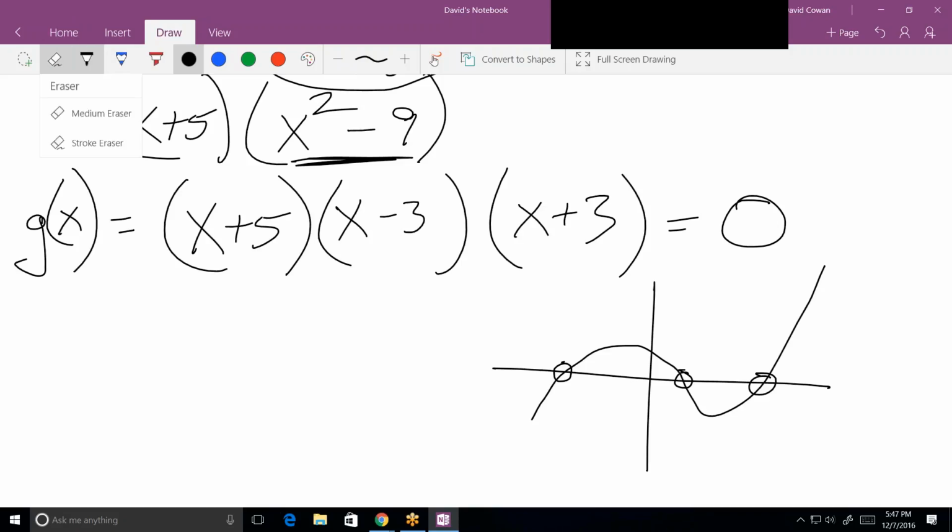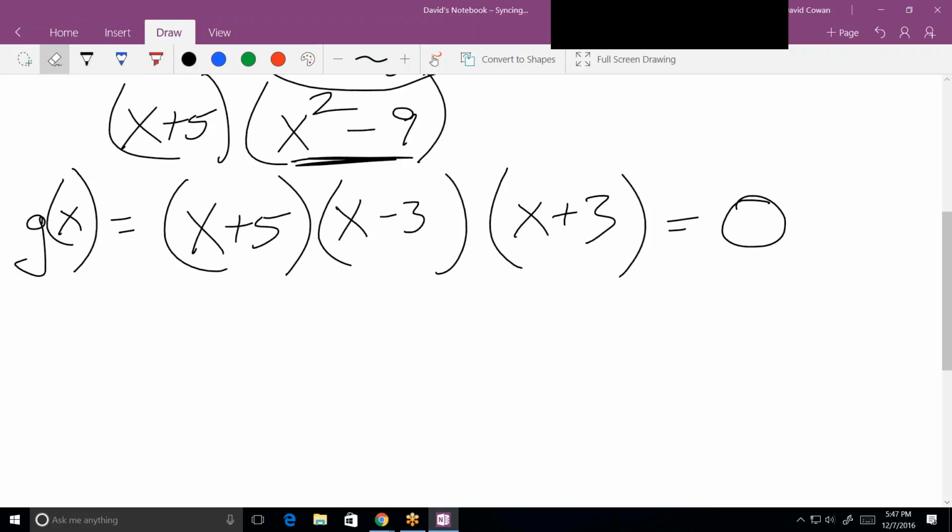But now, how do I solve this? In other words, I've set these three linear factors equal to 0. What does that mean x is? Well, x has to be 0. No? Right? The fundamental law of algebra says that if you multiply any number of things together and the result is 0, then one of those things has to be 0.